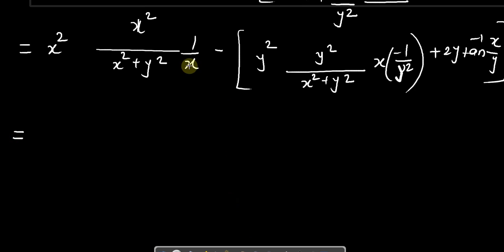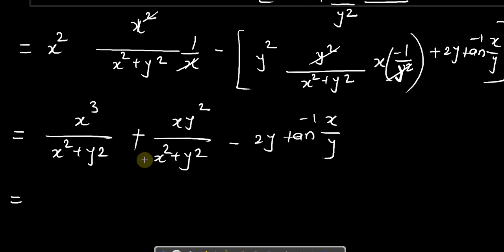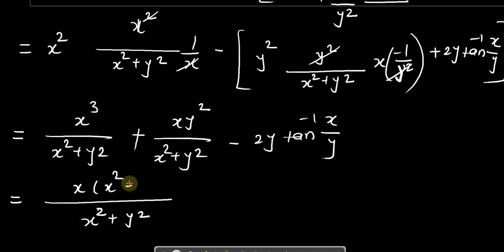Simplify this. 1x cancels here. So 1x is here, x into x square, x cube. Multiplying this minus sign inside, we get first term positive, y square cancels, x y square by x square plus y square. Second term multiplied by minus sign, 2y tan inverse x by y. Simplifying these first two fractions with similar denominator, taking denominator common, we can take x common in the numerator.